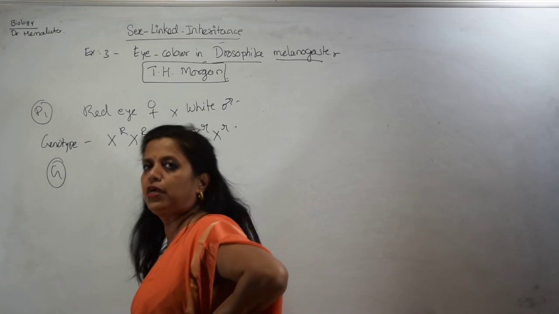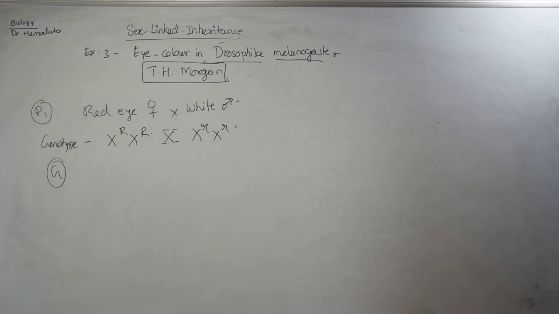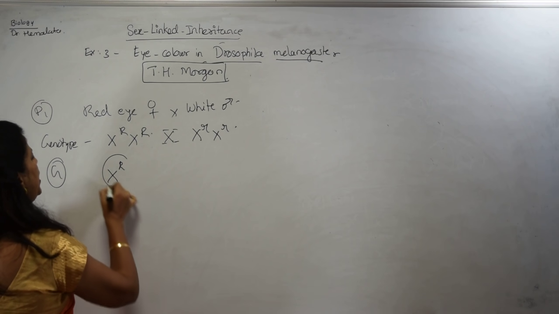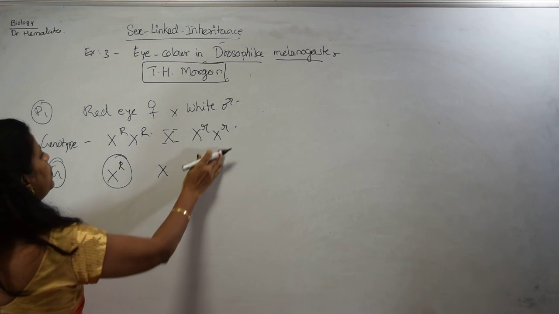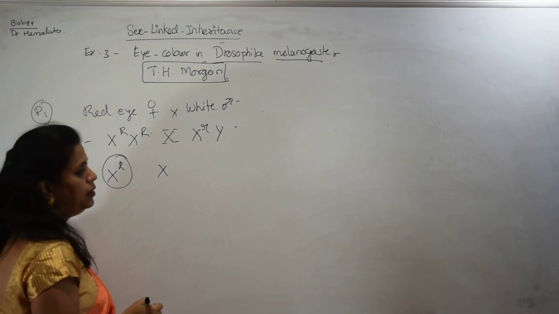Write gametes. Let me check how you write the gametes. So what are the gametes here? This female will produce only one gamete, this female insect. This male will produce not X. Male means X small r and Y, right?